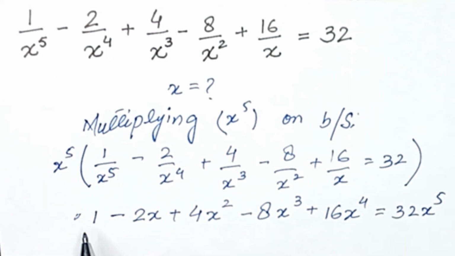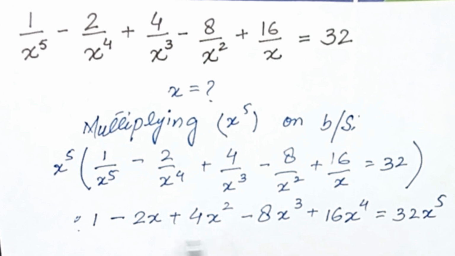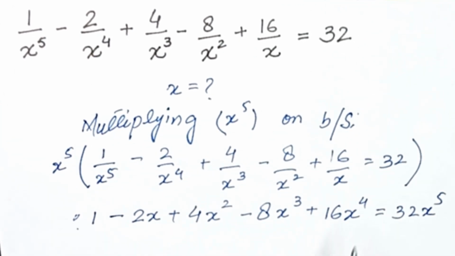Now we will take all of the left hand side to the right hand side, so it will change its signs. Plus 1 will become minus 1, minus 2x will become plus 2x, plus 4x square will become minus 4x square. Similarly, all terms will change their signs.